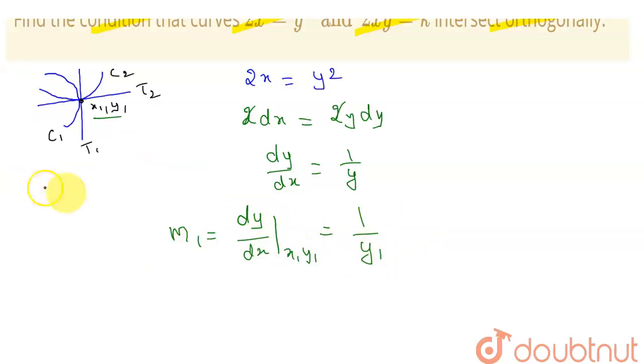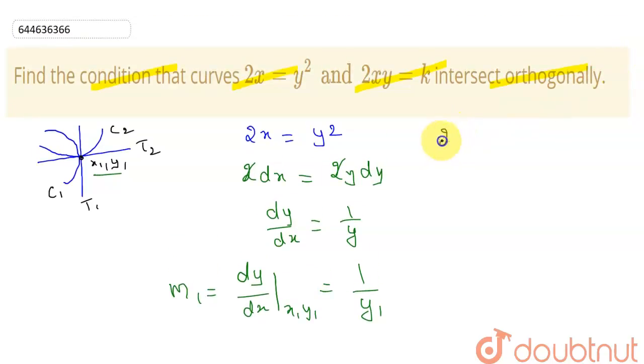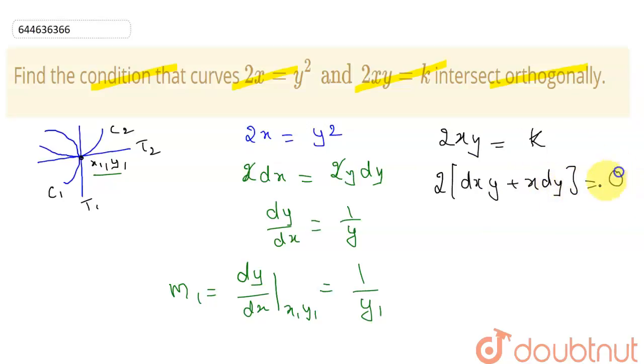Now if I differentiate my other function, which is 2xy = k, this is my second curve. Let me differentiate this also. This will give me 2(x dy + y dx) = 0, since the differentiation of k is 0.